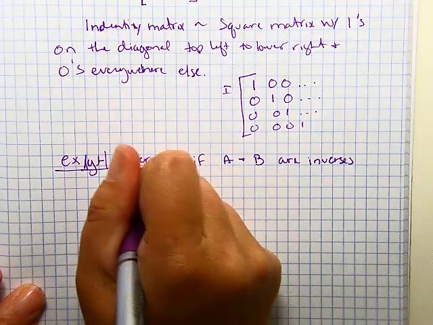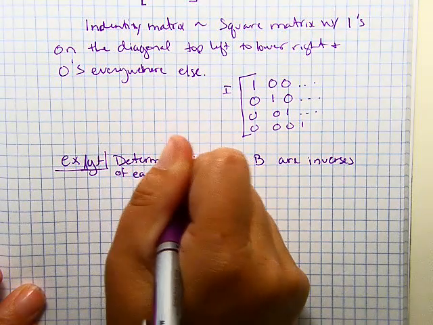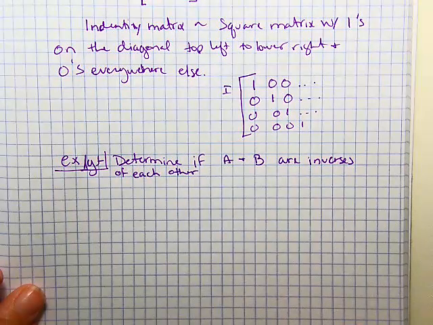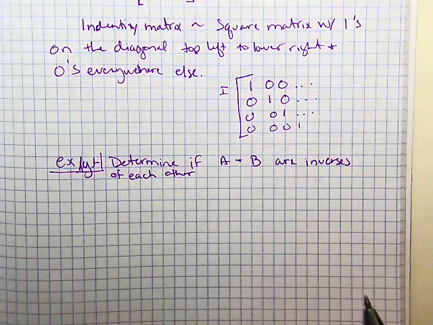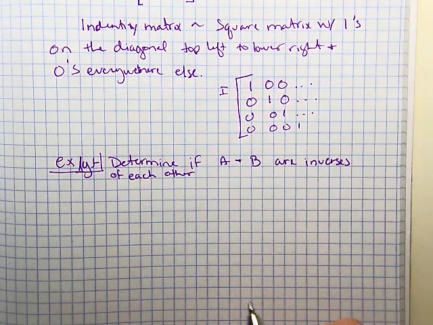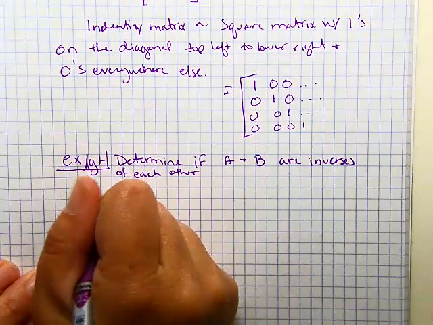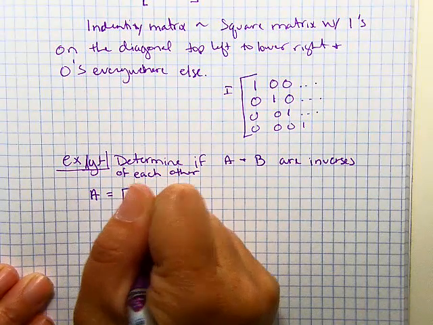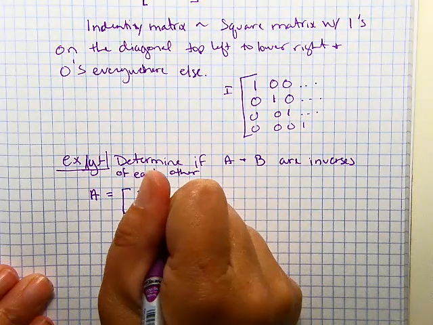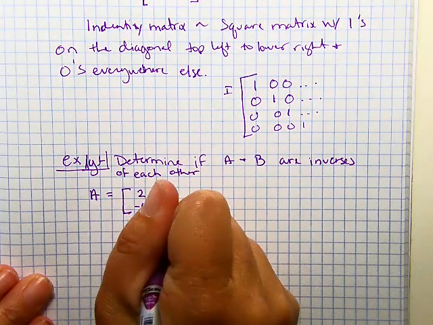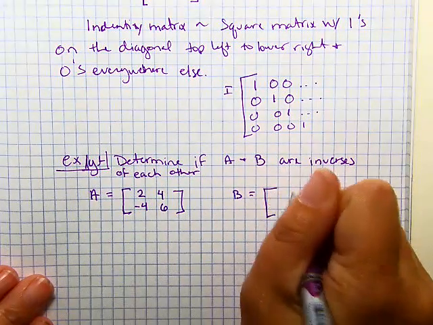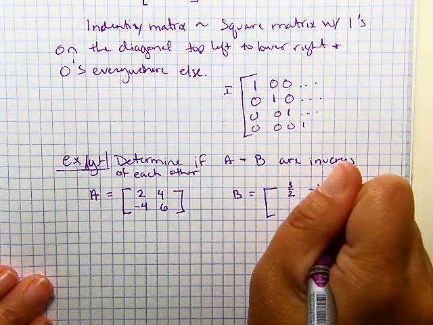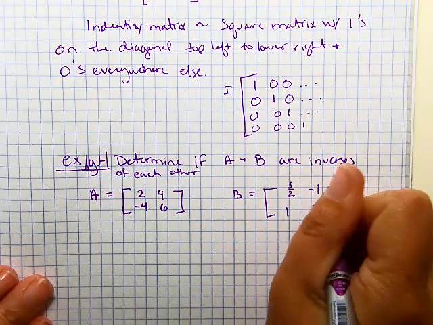And we ask on a test or quiz that you do multiply A times B and B times A. If A times B does not equal the identity matrix, you don't really need to do B times A. If A times B does, you need to do B times A. So A equals 2, 4, negative 4, 6, and B equals, fractions, nice, 3 halves, negative 1, 1, negative 1 half.